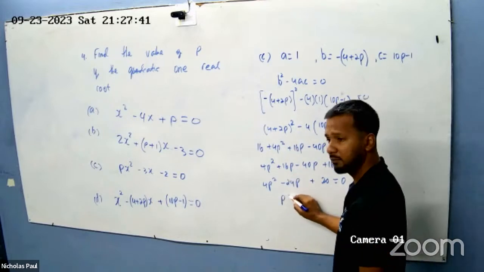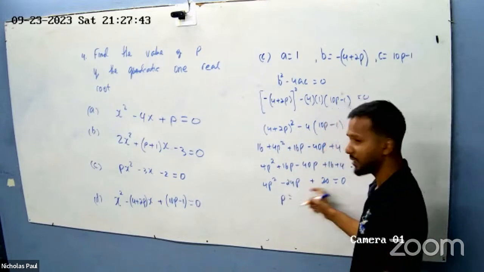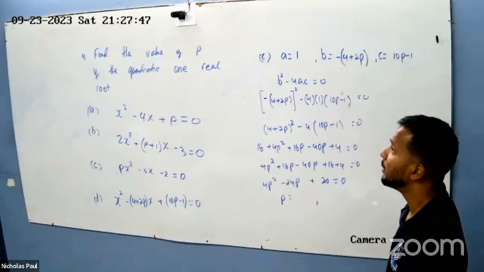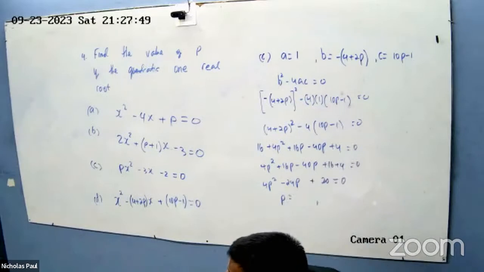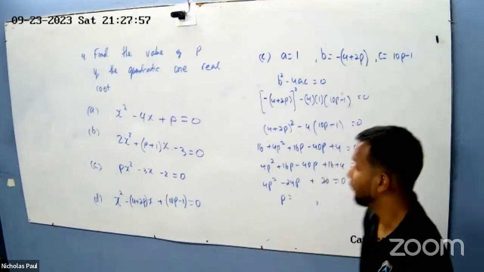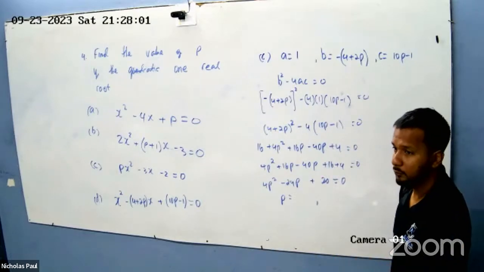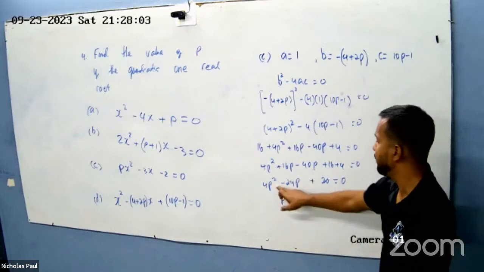What you got? Anybody can solve this one? Okay, the calculator. How much you got here? Just plug the calculator, A, B, and C. And what you got?